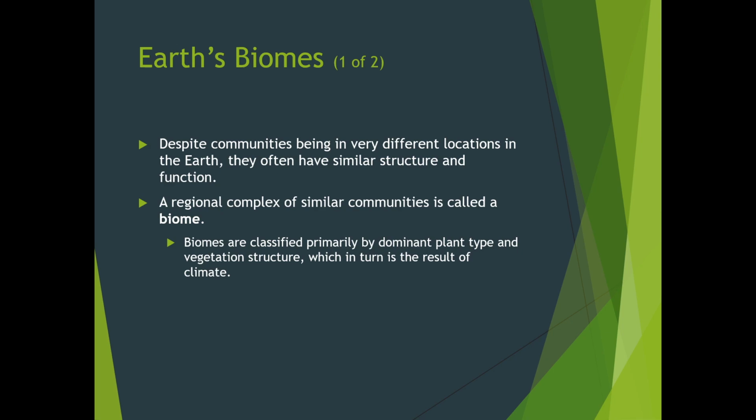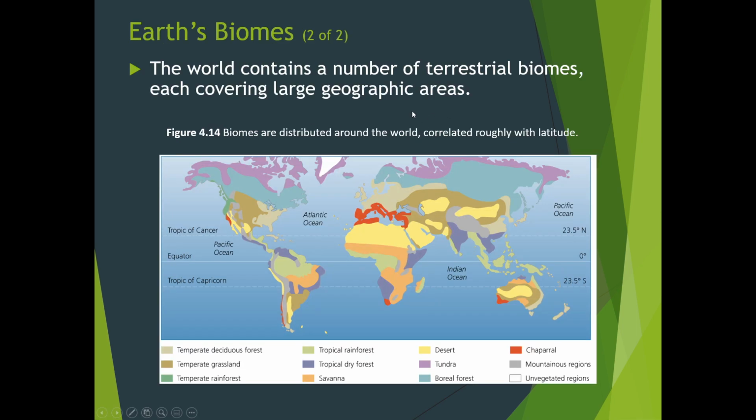Now, we're going to go through some of the Earth's biomes pretty quickly. You can see that the biomes go across the Earth in longitudinal bands, or latitudinal bands. I can't remember which is which. All these different colors are the different kinds of biomes.